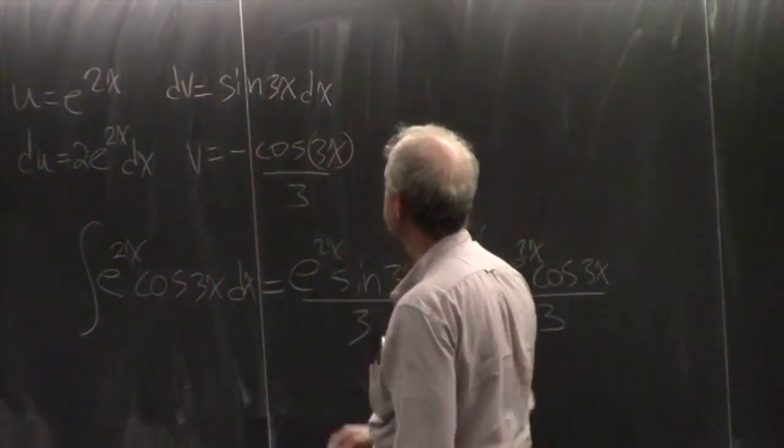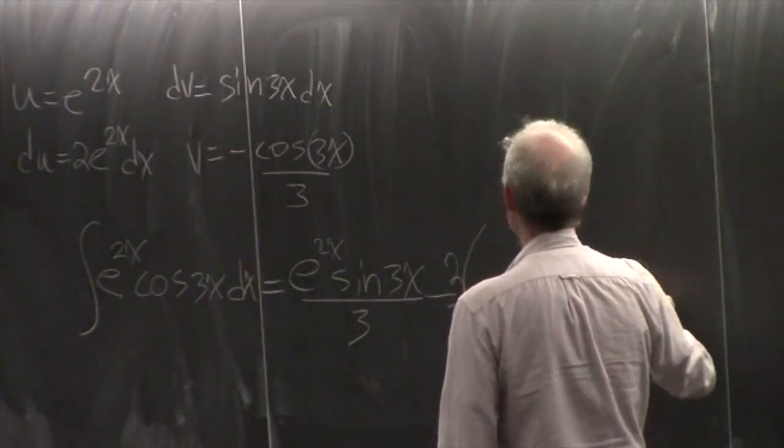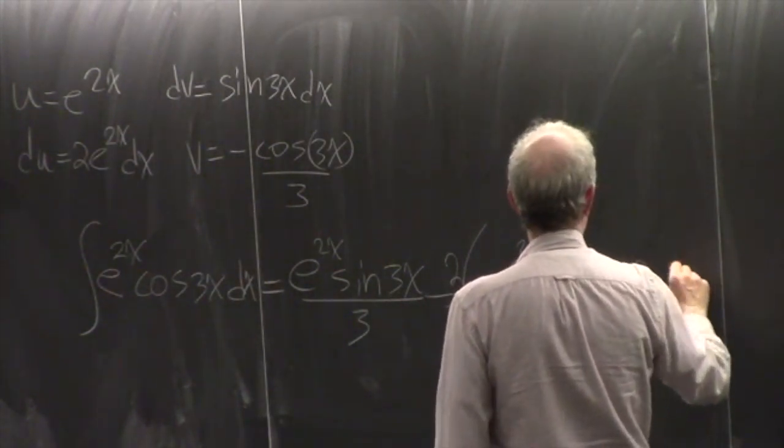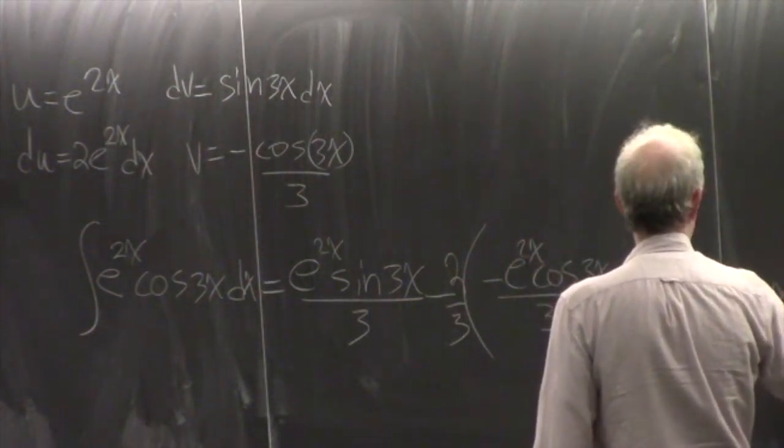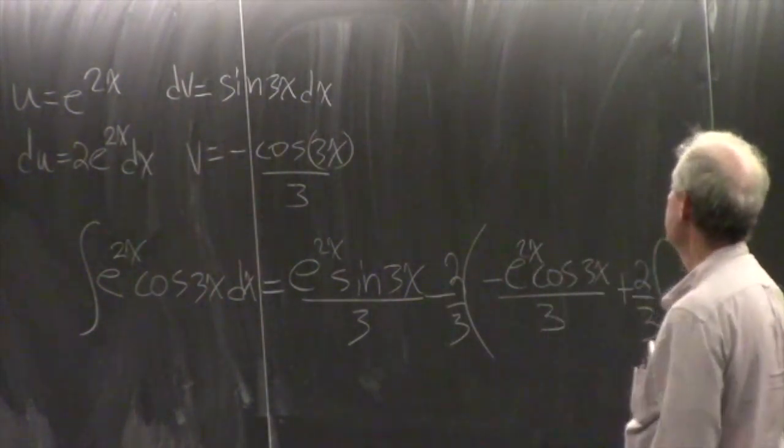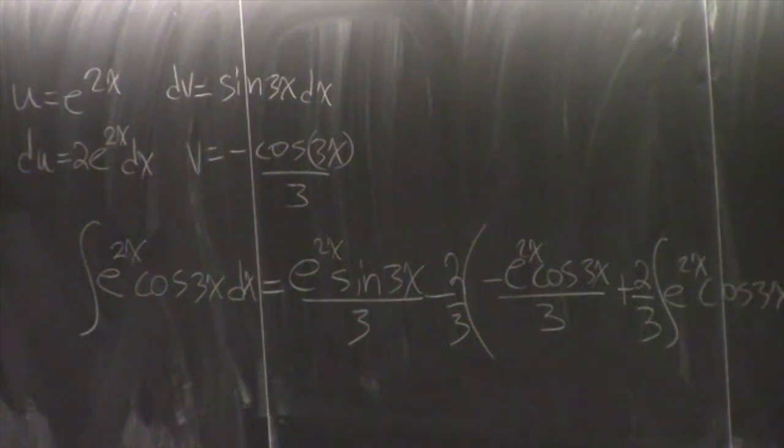So minus minus becomes plus 2/3 e to the 2x cosine 3x dx. So far so good? Now clean it up.